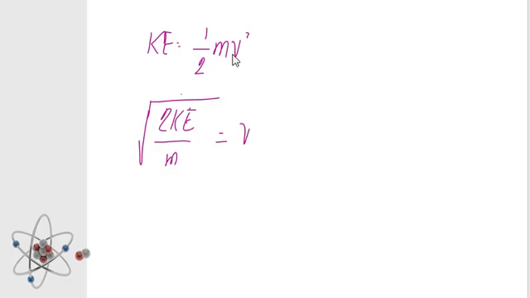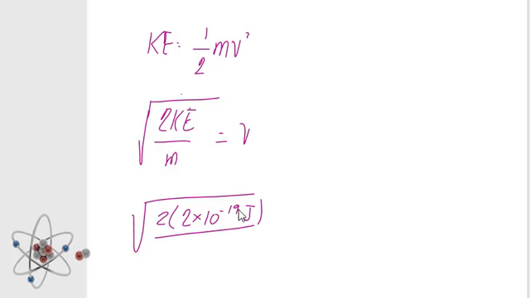So we can substitute: square root of 2 times the kinetic energy, 2 times 10 to negative 19 joules, divided by the mass, 9.11 times 10 to negative 31.